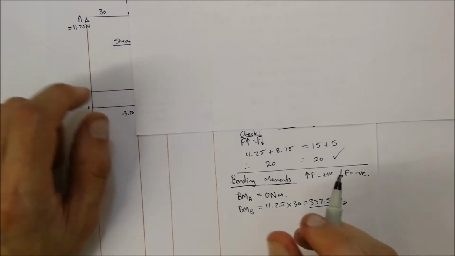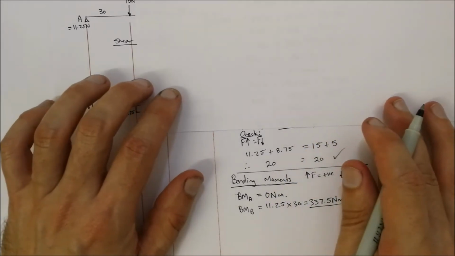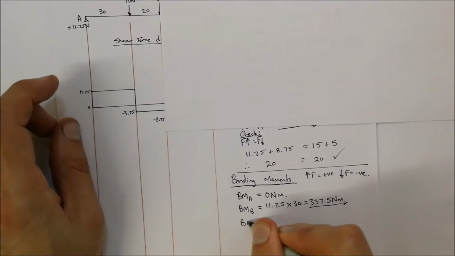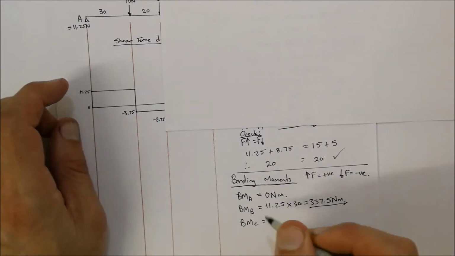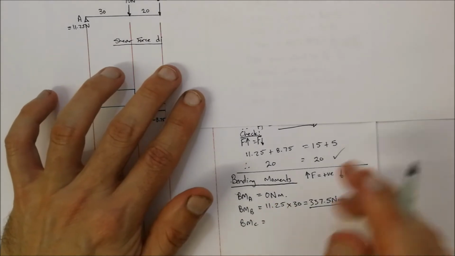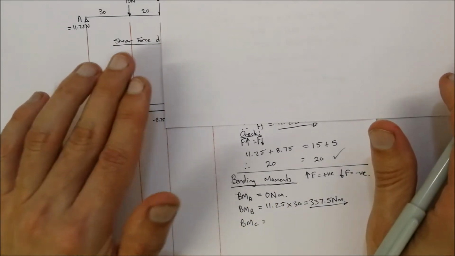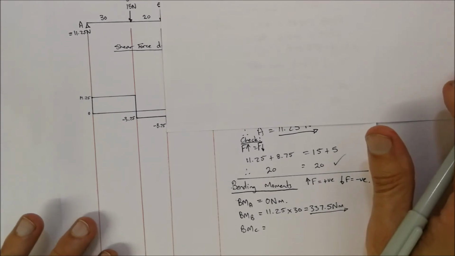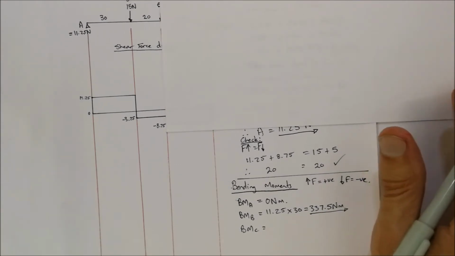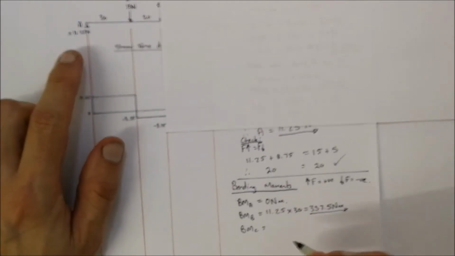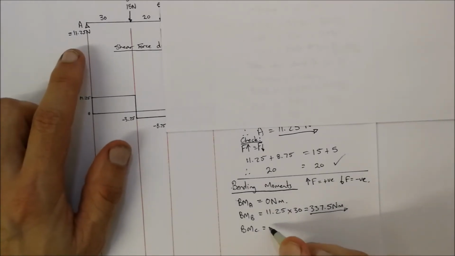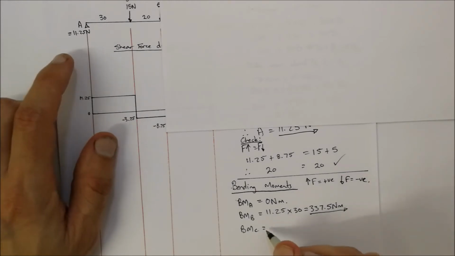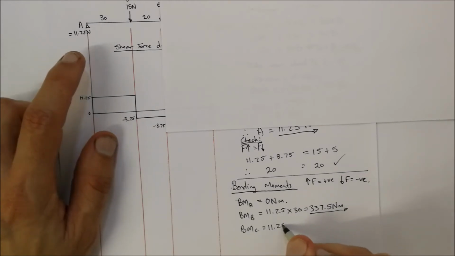Okay, now we're going to go to the next point, bending moment for C. So we place a sheet of paper over at point C, and again we look at all the forces acting to the left hand side. We're going to be ignoring C at that specific point. So that is equal to A, which is an upward force, so that's a positive force, that is 11.25.